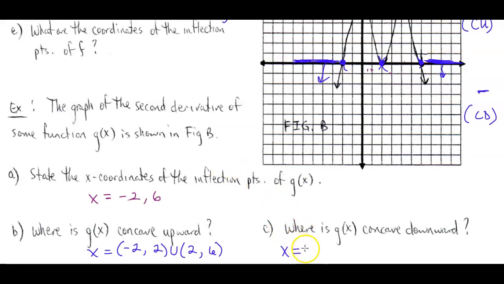So here we would have to say from -infinity to -2, and then union from 6 to infinity. That will be the case. That will be the x values for where our original function g of x, which again we don't know what that explicitly looks like, will be concave down. Same place where the second derivative lies below the x-axis.